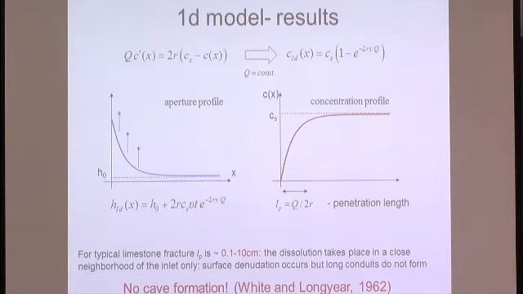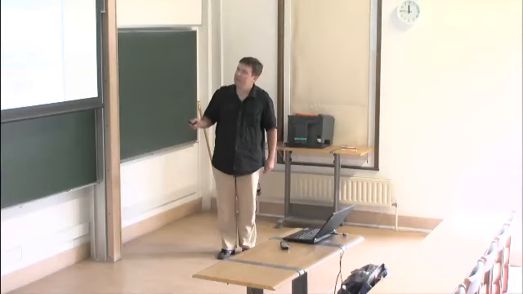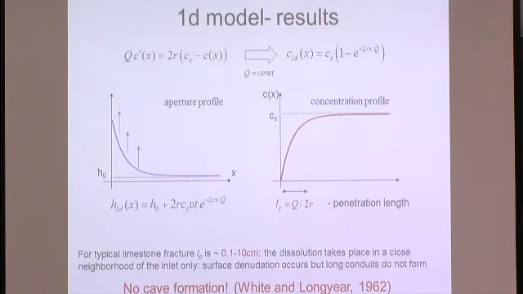But the most important thing here is this penetration length. You see that both exponents have the same penetration length, and really nothing is happening here in the fracture on distances larger than a single penetration length.